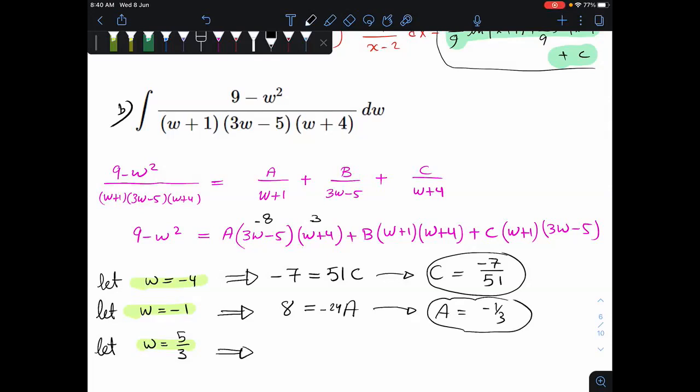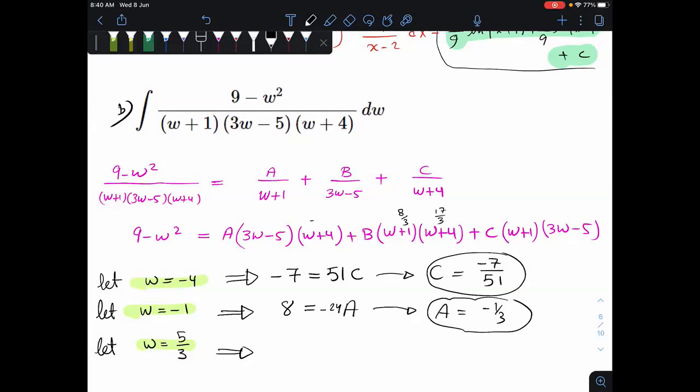When w is 5 over 3, we substitute in the same equation and cancel A and C. So substituting for B: 5 over 3 plus 1 is 8 over 3, and 5 over 3 plus 4 is 17 over 3.